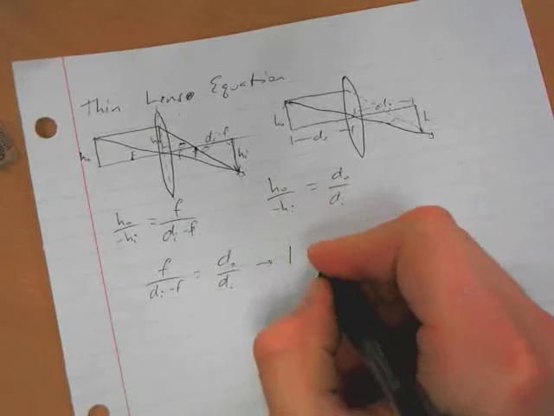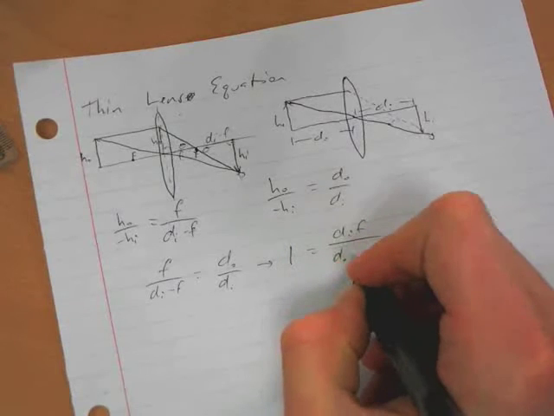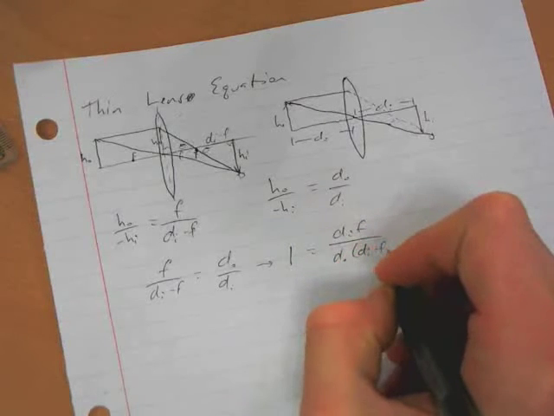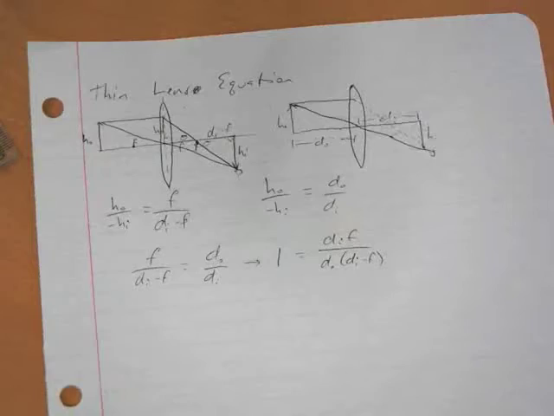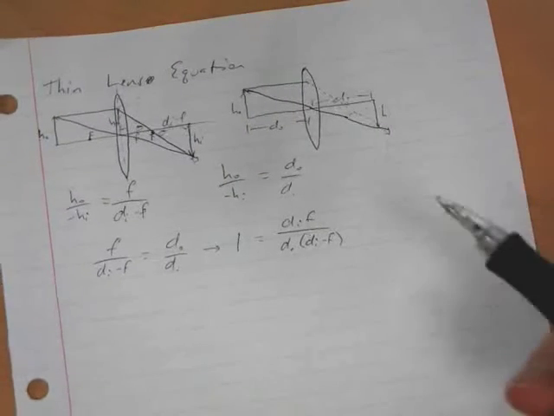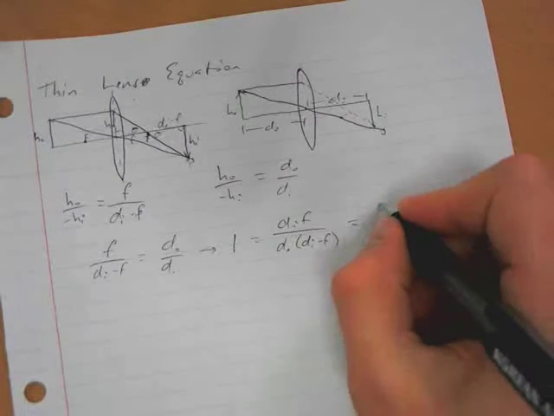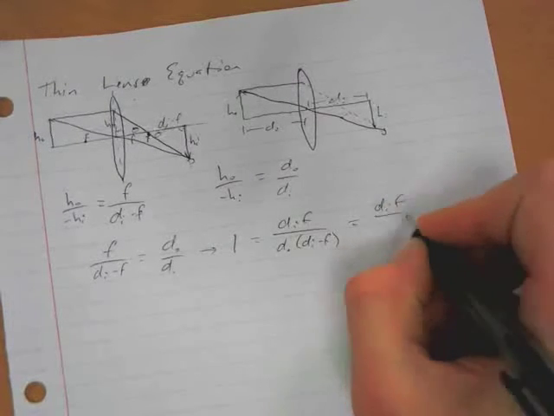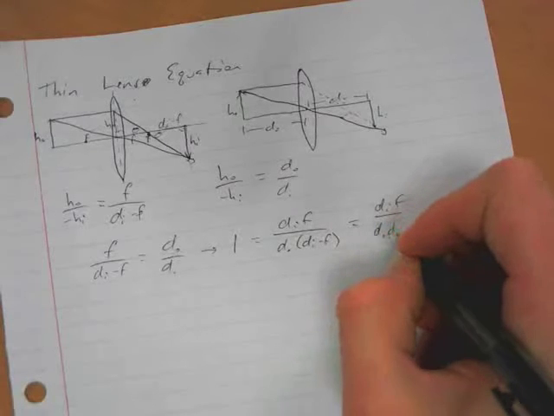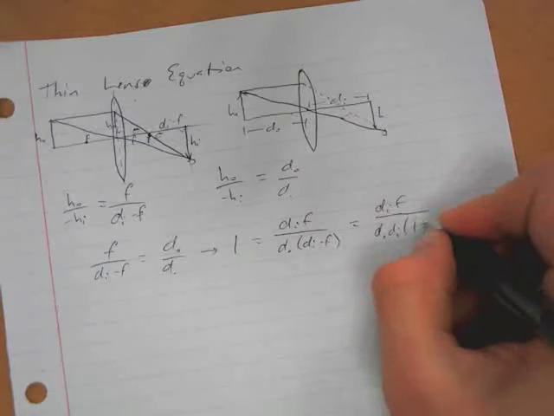Say 1 is di times f over do times di minus f, and then we can factor stuff out. We can say di times f over do times di, and this would be 1 minus f over di.